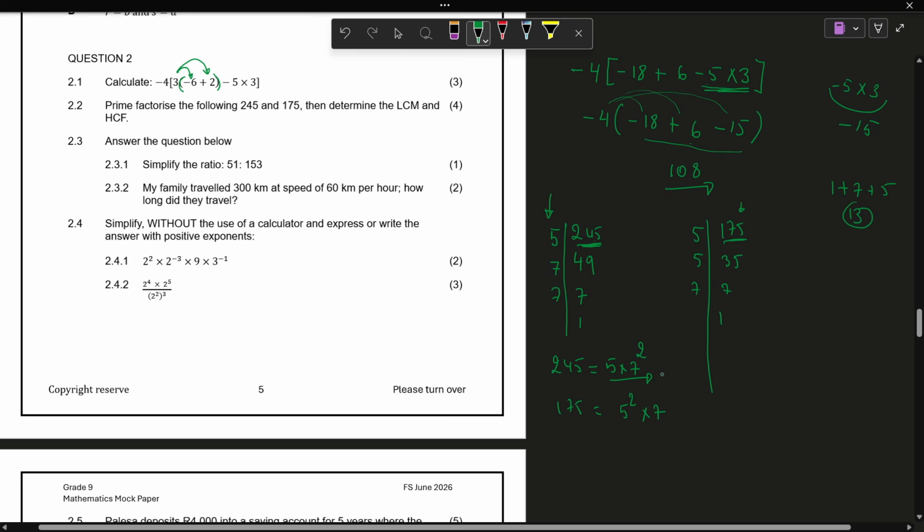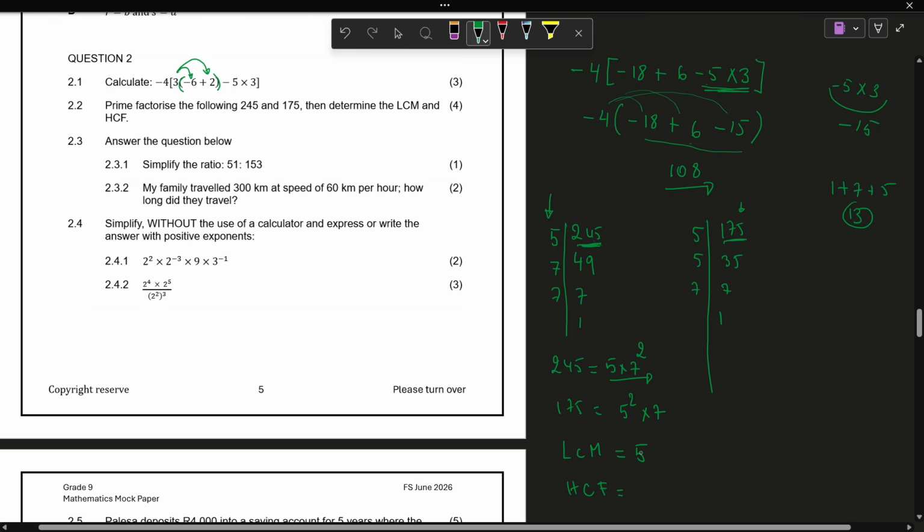Okay, so now we are able to find the lowest common multiple, right? And the highest common factor. Now, the lowest common multiple. So basically what we do, we take any factors that we have, we must write it.